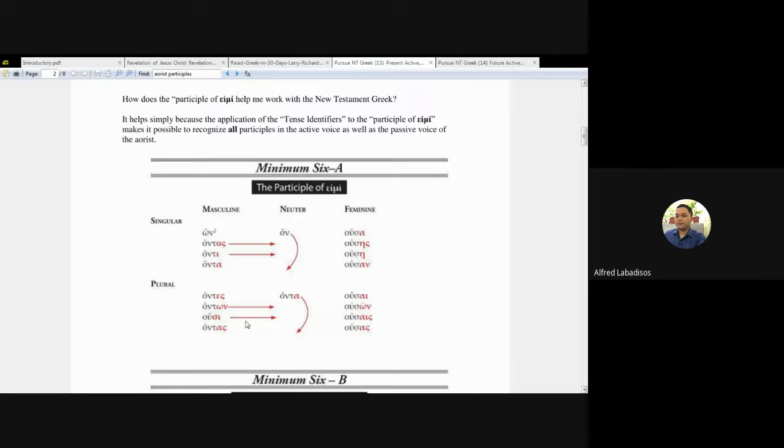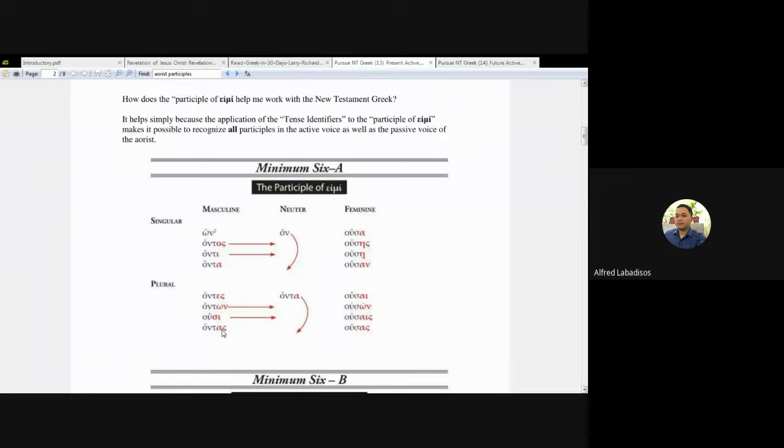Now, look at the endings. What do you notice? The endings of the participle of eimi in the active voice are similar to the third declension, the endings of the third declension of nouns, pronouns, adjectives, and here participles.